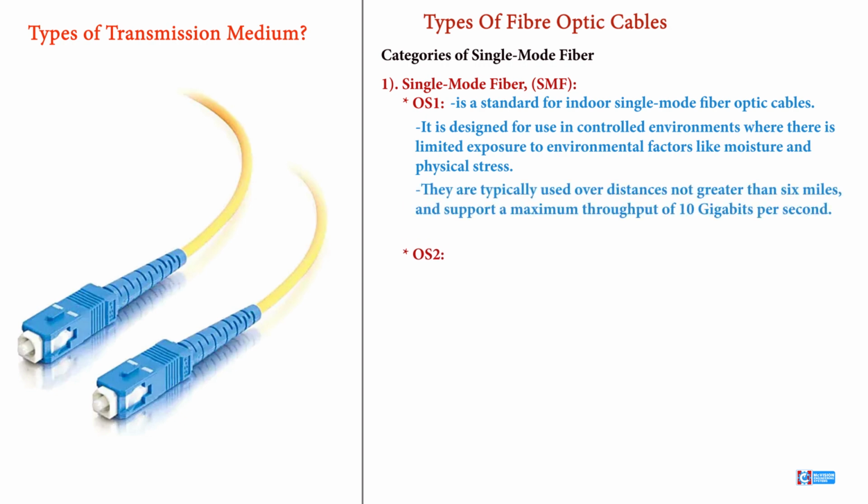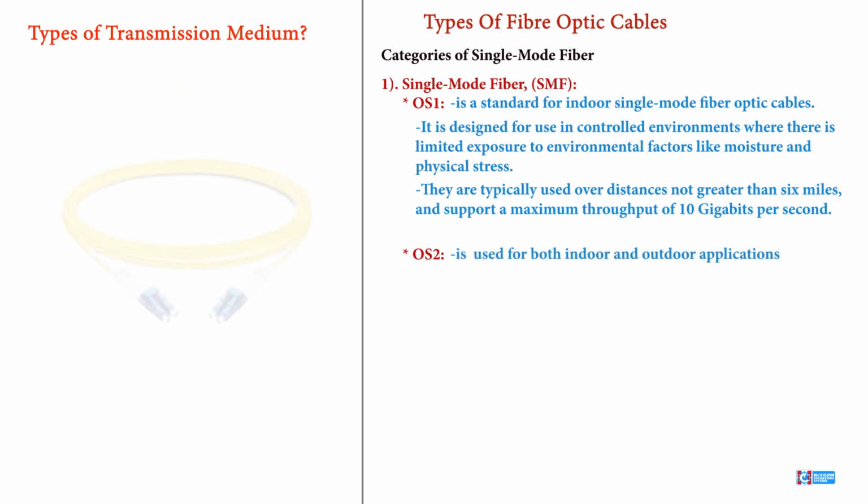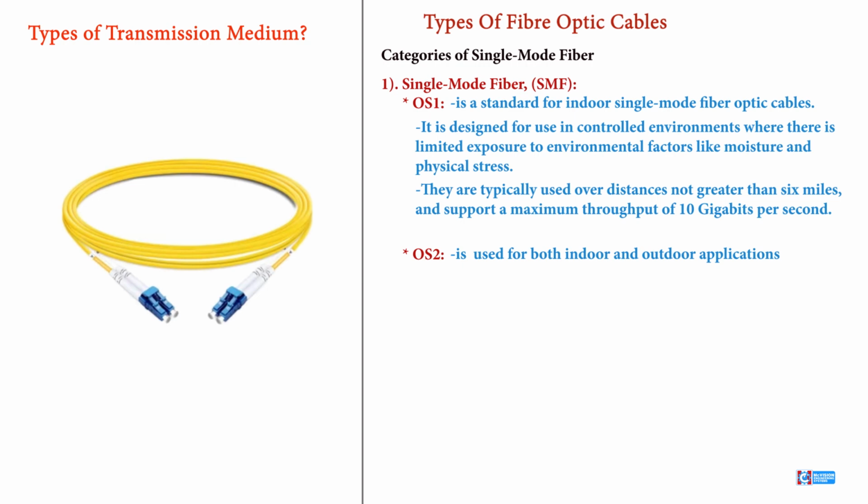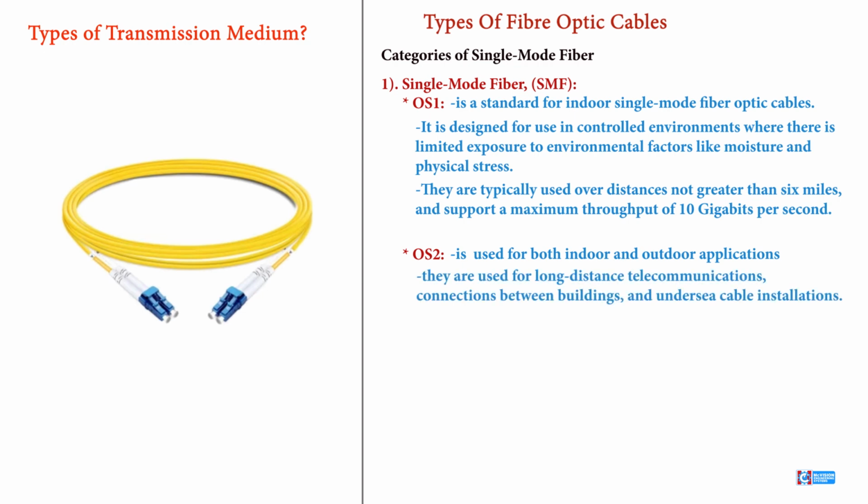They are typically used over distances not greater than 6 miles and support a maximum throughput of 10 gigabits per second. OS2 or optical single-mode 2 cables are used for both indoor and outdoor applications. They are used for long-distance telecommunications, connections between buildings, and undersea cable installations.